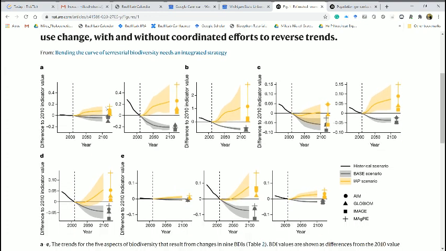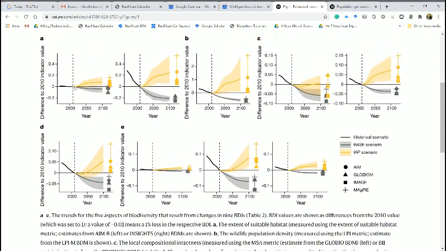Probably not. Anyway, let's see. We have a bunch of time series, some year on the x-axis, some kind of indicator on the y-axis. No idea what that is. Okay, so we have 3 different line colors for 3 different scenarios, looks like.